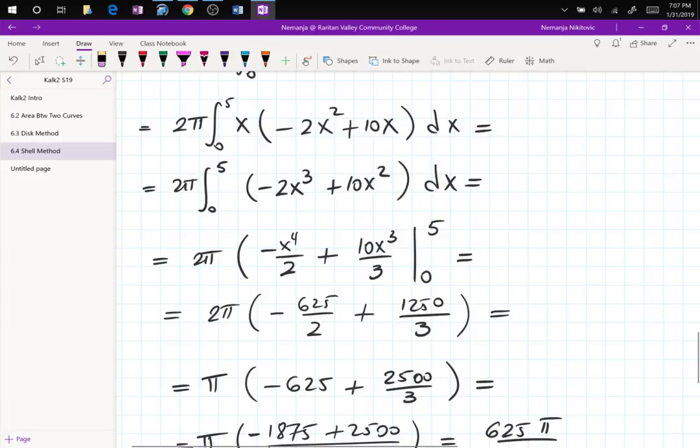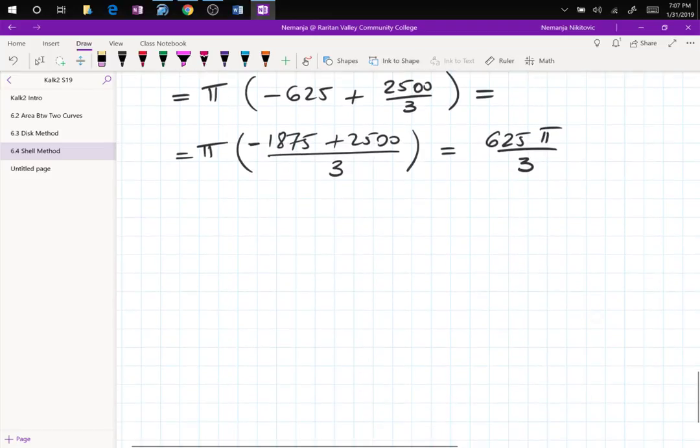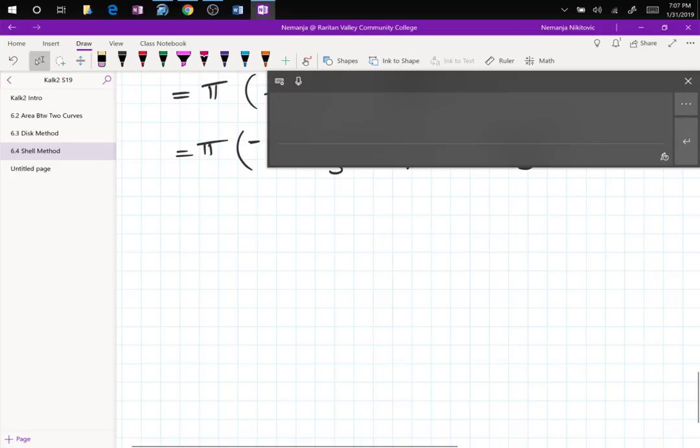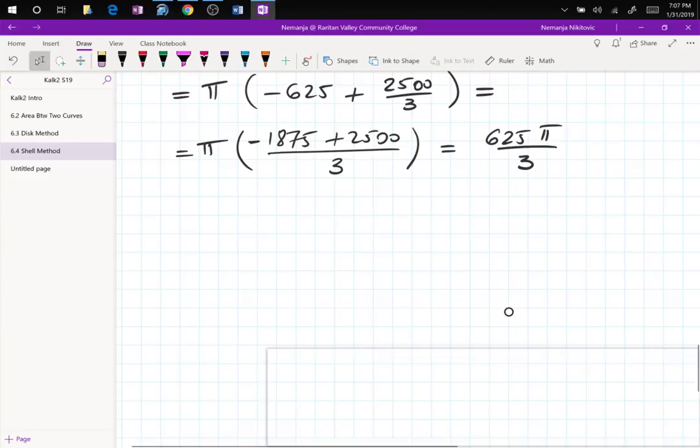All right, let's rotate shell around x-axis because we can. What happens with the shell when we rotate around x? We use dy. Very good.